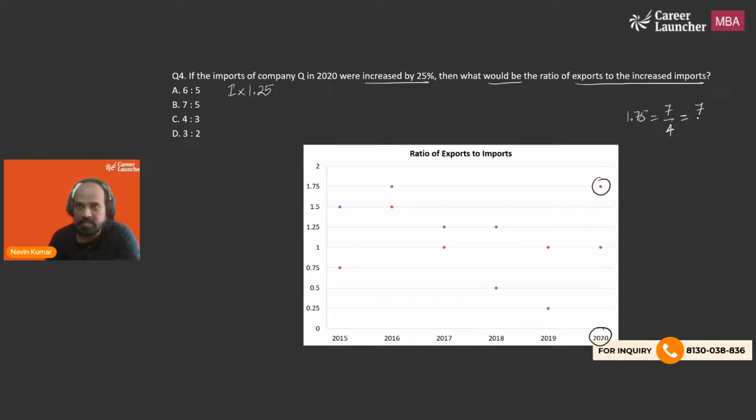So it stays 7. And this 4 should increase by 25%, which means it can become 1.25 times. So either increase 4 by 25% or multiply 4 with 1.25. In both cases, we are going to have 5 here. So the new ratio of export upon new import is going to be 7 upon 5, right? B option.